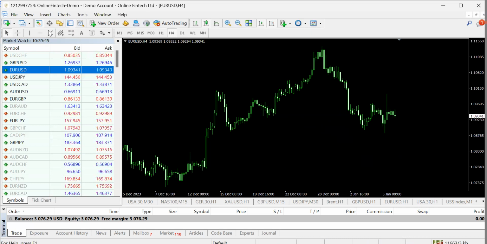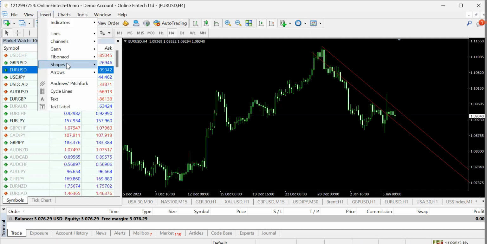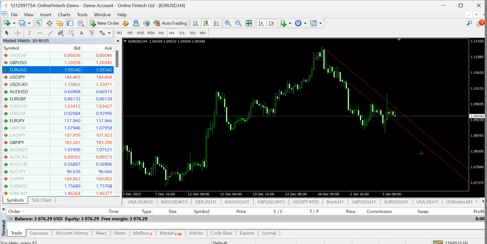Some people use trend lines, trying to identify the position. So let's see if we were trying to identify the position like other traders, how they do it, right? What they're trying to do is identify the support and the resistance level, right?